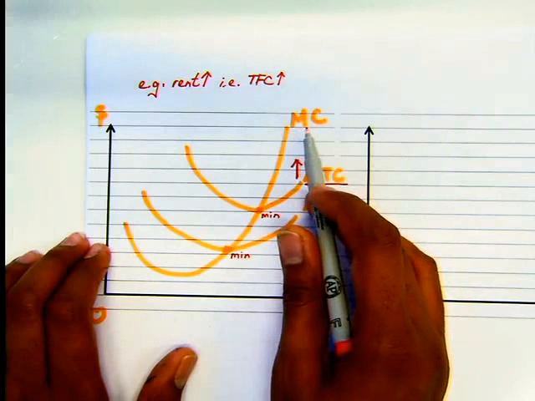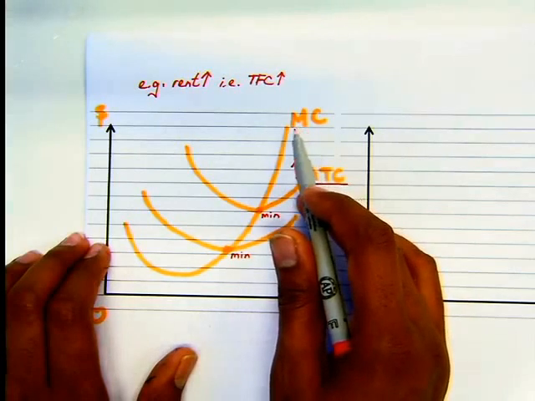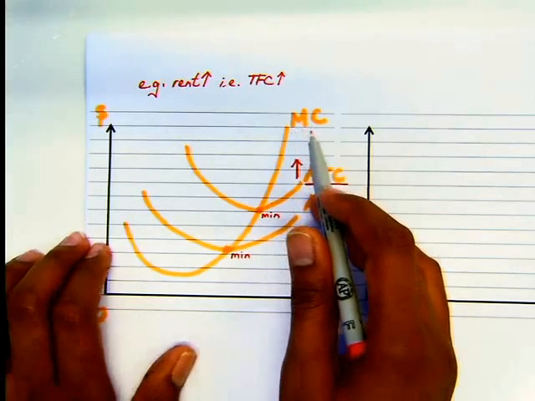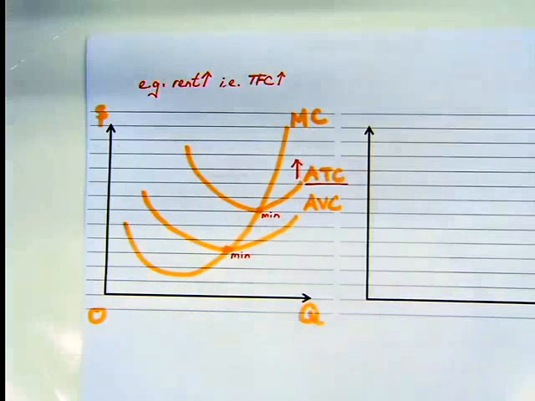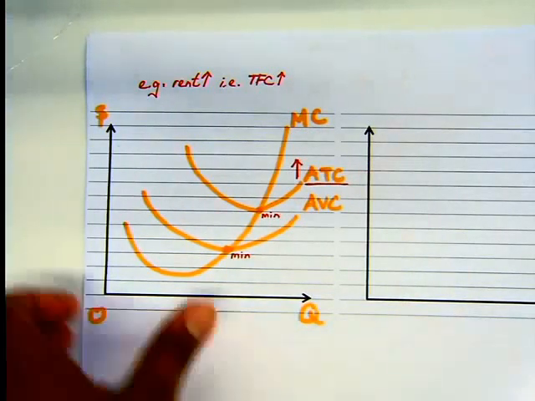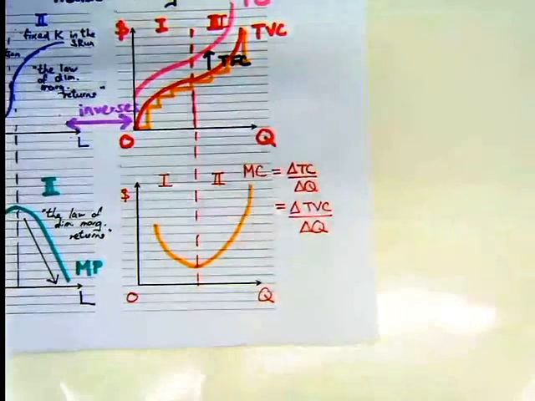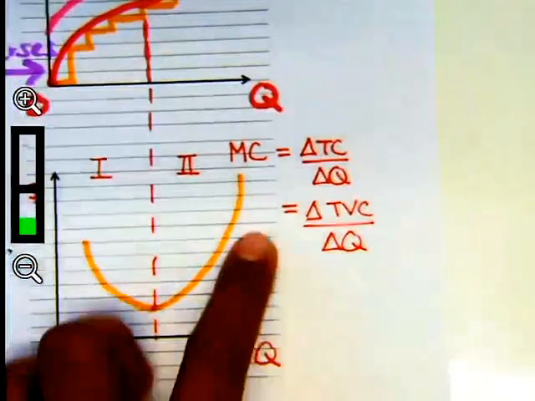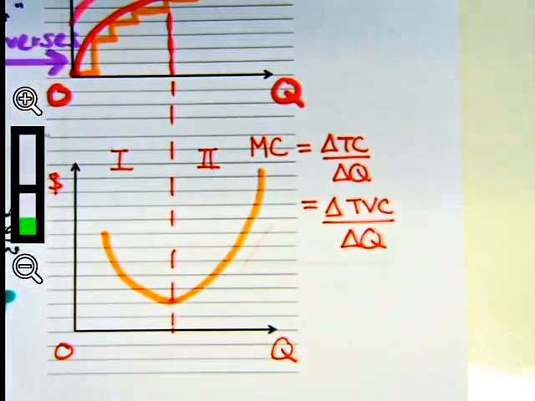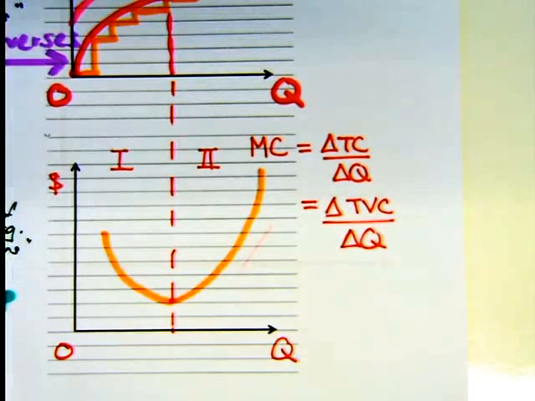Marginal cost. Marginal cost is defined as the extra cost of one extra unit, which is only affected by the variable cost. Which comes back here. Perhaps you can add a note. Marginal cost is only affected by our variable costs.